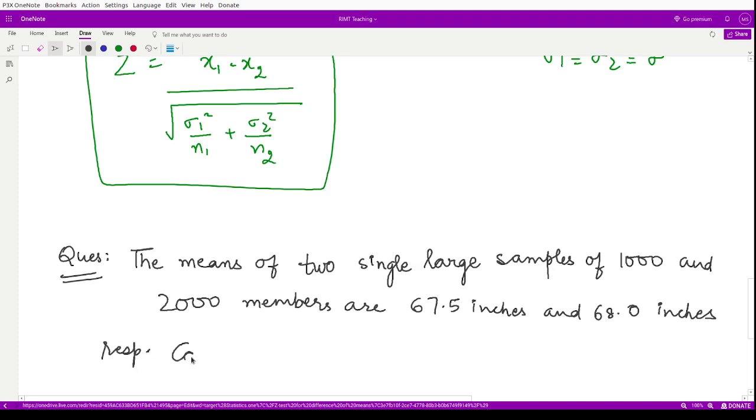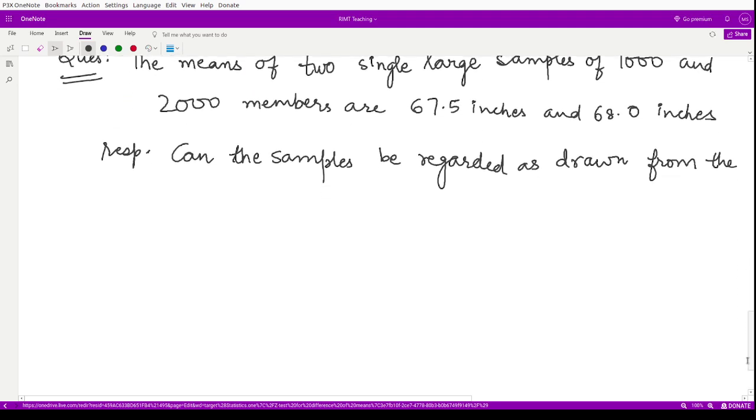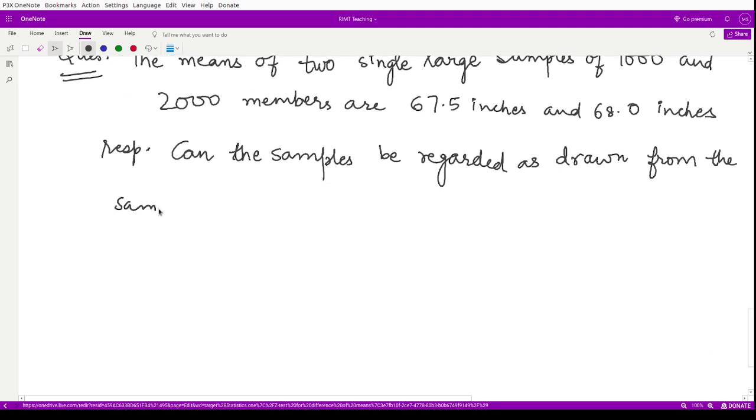Can the samples be regarded as drawn from the same population?